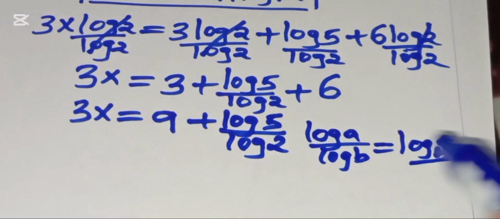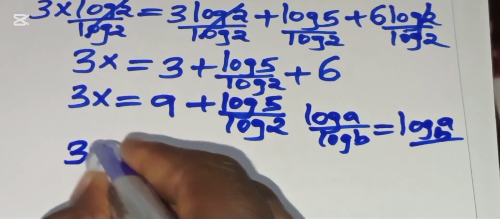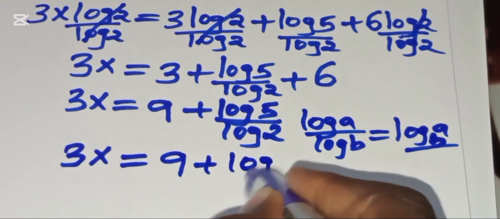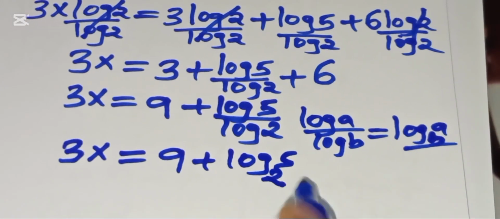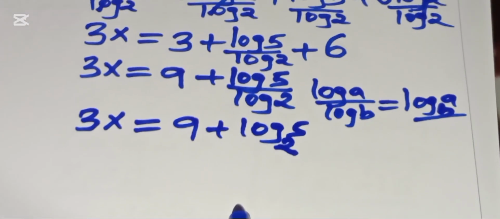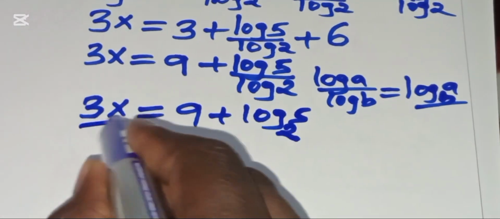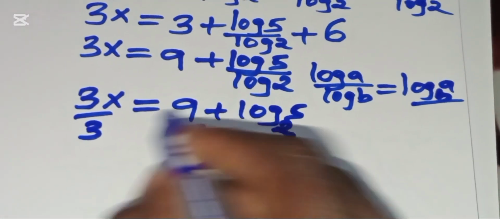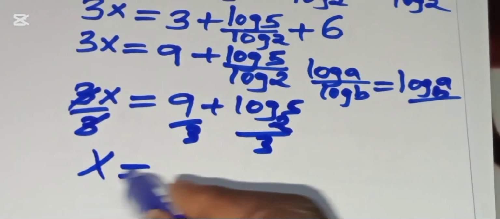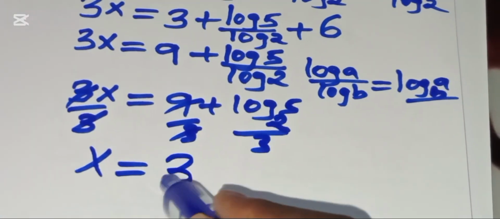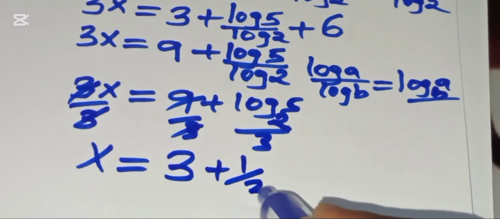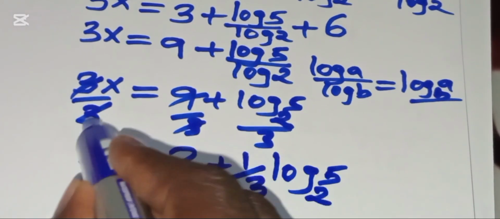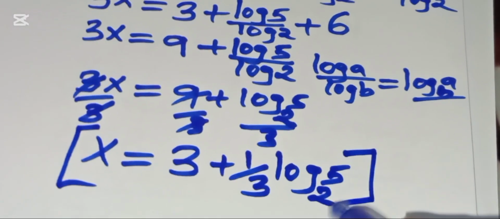Let's transform this: 3x is equal to 9 plus log 5 to base 2. Now we divide both sides by 3, so that x is equal to 3 plus a third log 5 to base 2. So this is the value of x.